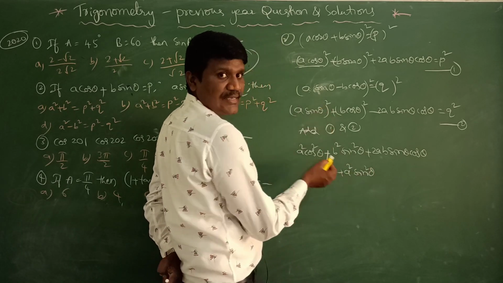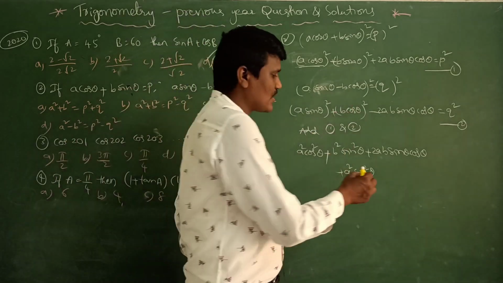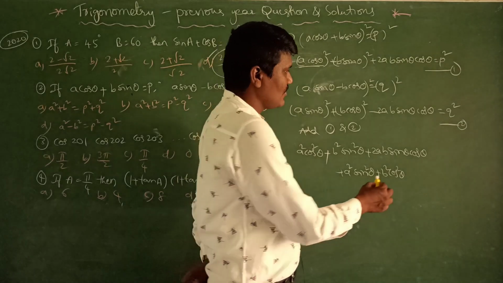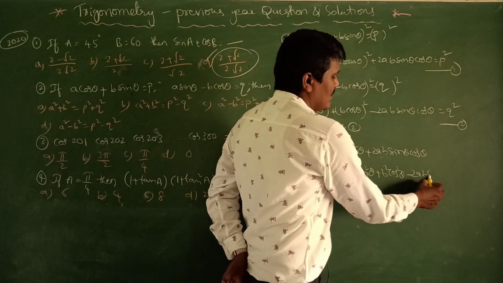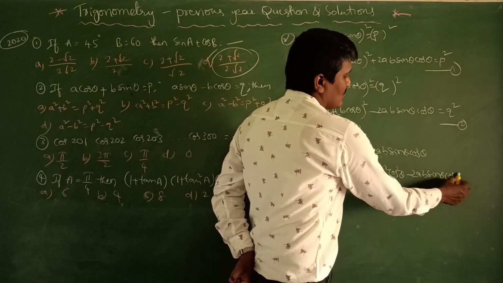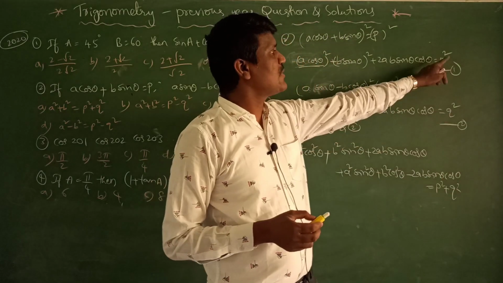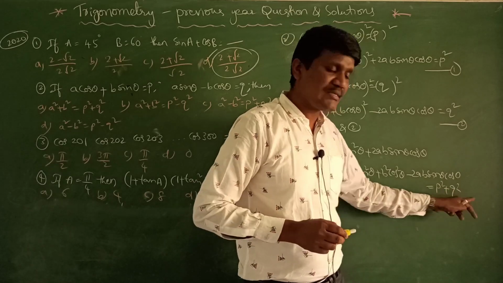A sin theta whole square is a square sin square theta, and b cos theta whole square is b square cos square theta, minus 2ab sin theta cos theta is equal to, adding the right hand side also, p square plus q square.